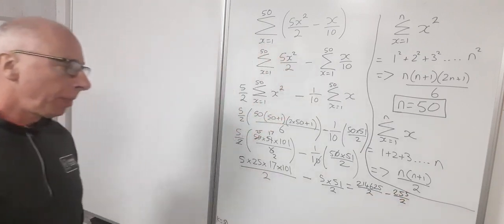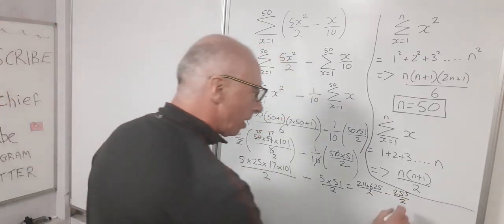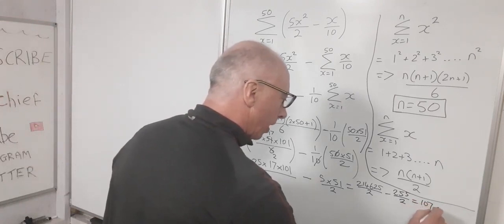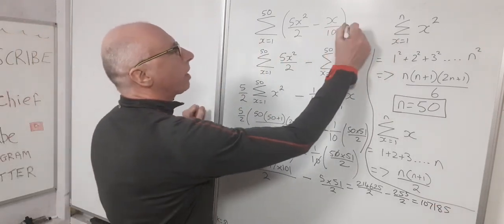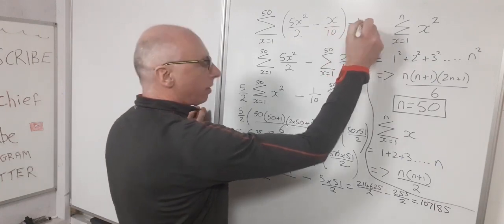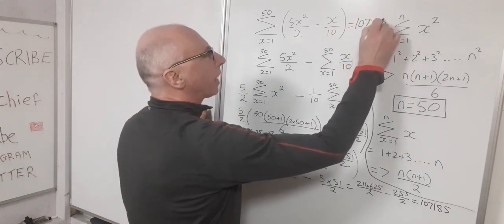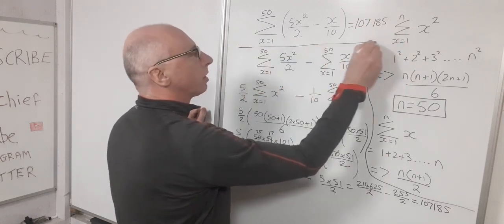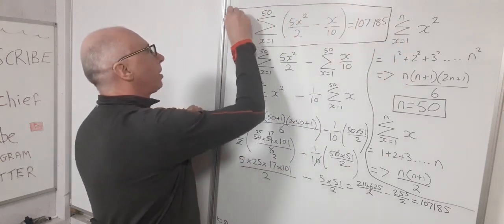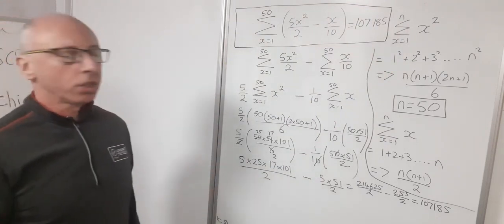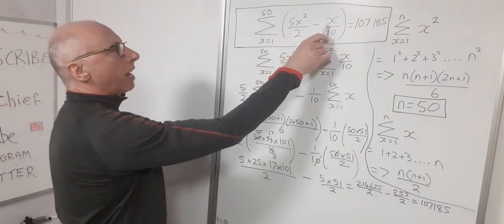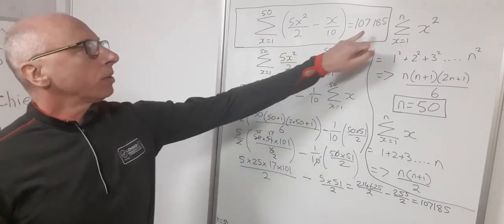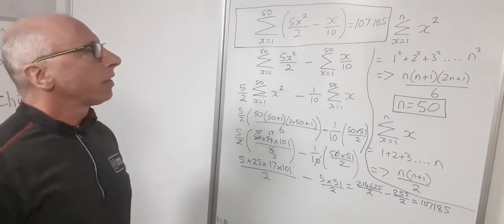Okay, now plugging that into a calculator to get our sum, that will give us a grand total of 107,185. So therefore the answer to our sum equals 107,185. So there we have the answer to our summation question: x equals 1 to 50 of 5x squared over 2 minus x over 10 equals 107,185. Okay.